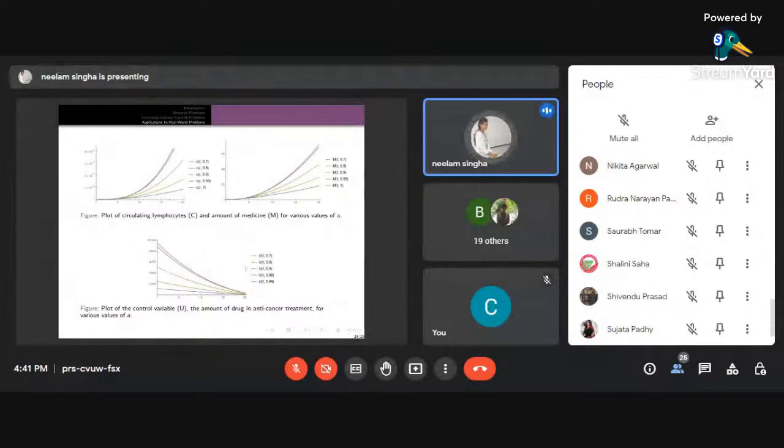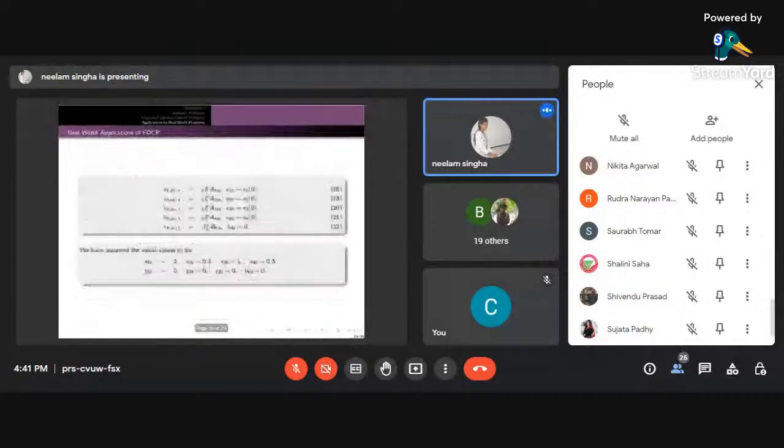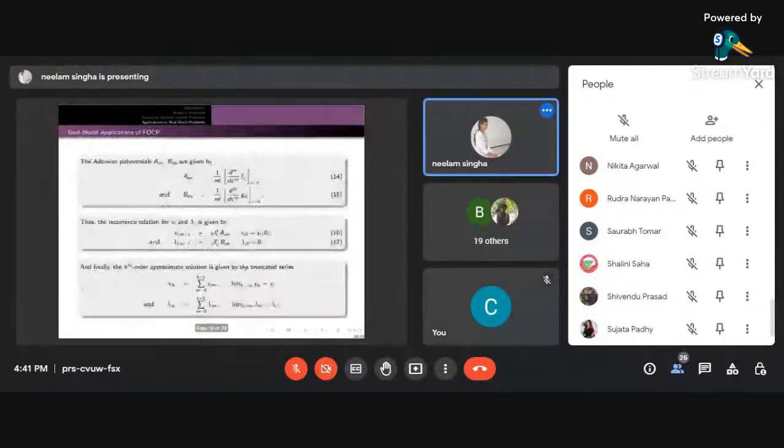One more thing I wanted to discuss: while applying Adomian decomposition, what are the advantages and what are the disadvantages? First I'll talk about the computation.